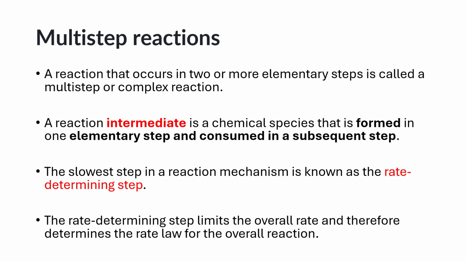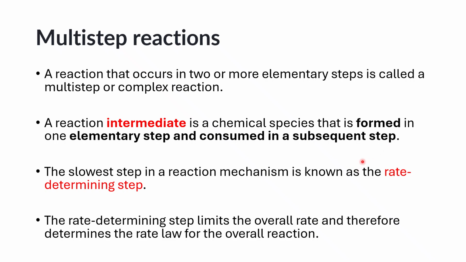When experiments give a rate law that doesn't match a single-step stoichiometry, the process must be multi-step, occurring in 2 or more elementary steps. A reaction intermediate is a chemical species that is formed in one elementary step and consumed in a subsequent step.